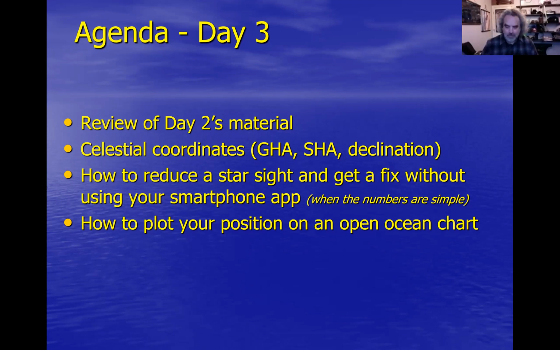In my opinion, the number one reason why people think celestial navigation is hard is not because the celestial navigation portion of it is hard. It's all of the little details, like how do you handle the fact that your latitude is not exactly 16 degrees? How do you interpolate between 16 and 17? Interpolation is a word that you're going to become very familiar with. But today I'm going to try to avoid the interpolation.